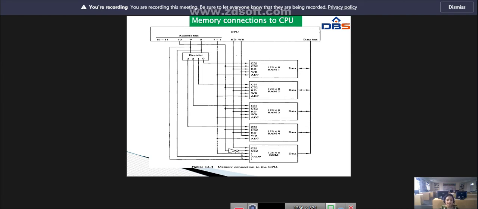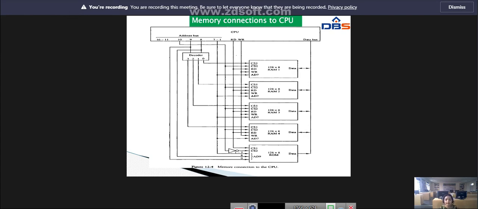The address bus lines 1 to 9 are applied to the address input of ROM without going through the decoder. This assigns addresses 0 to 511 to RAM and 512 to 1023 to ROM. The data bus of the ROM has only an output capacity, whereas the data bus connected to RAMs can transfer information in both directions.